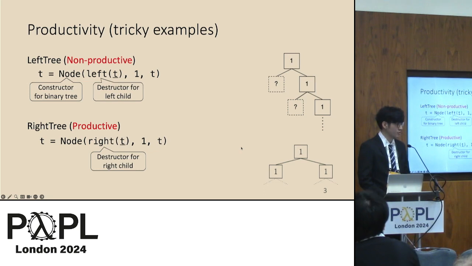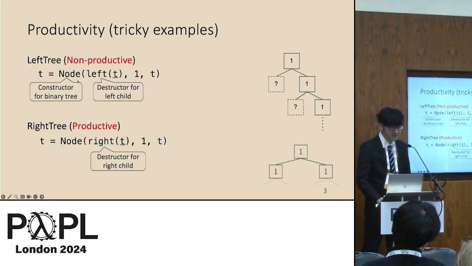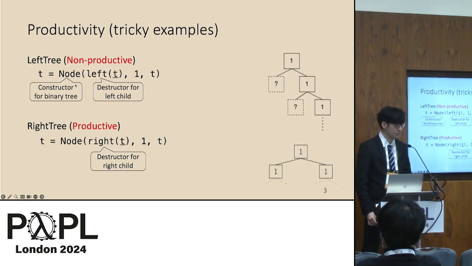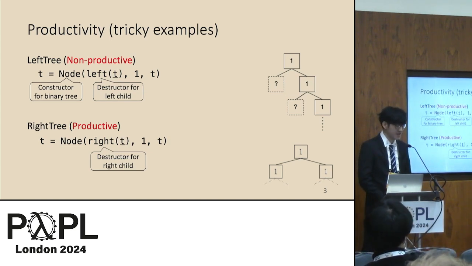Let's consider more tricky examples, which we call left tree and right tree. The definition of the left tree is here. Node is the constructor of the binary tree, and left is the destructor, which retrieves the left child. Left tree is not productive because we can't generate the left child.